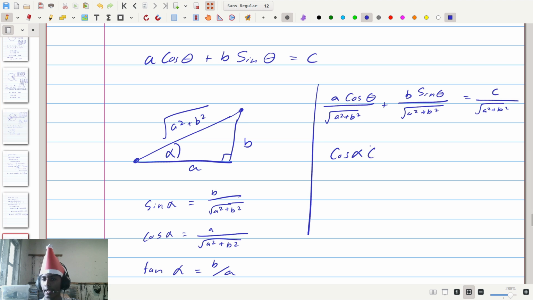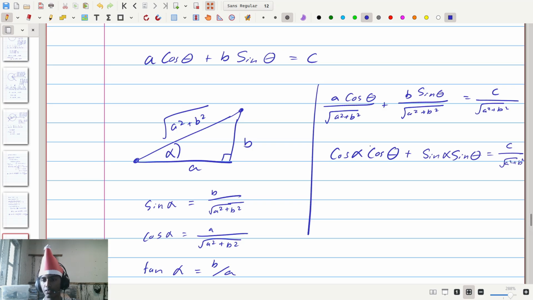We don't know what exactly it is, but we know there is some angle alpha such that a divided by root a squared plus b squared is cosine of alpha. And similarly, b divided by root a squared plus b squared is sine of alpha. So we can write plus sine of alpha times sine of theta is equal to c divided by the square root of a squared plus b squared.